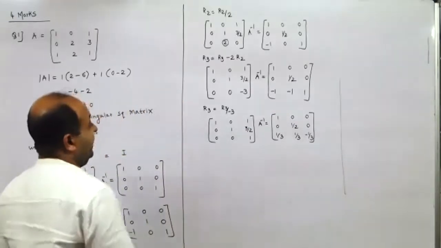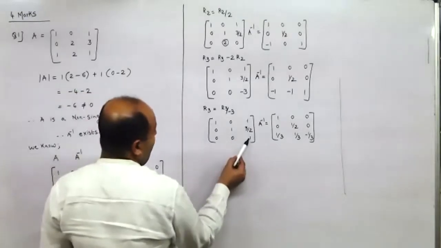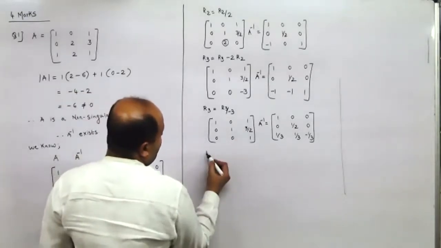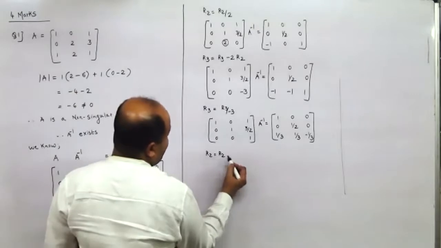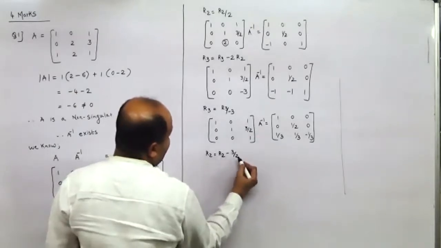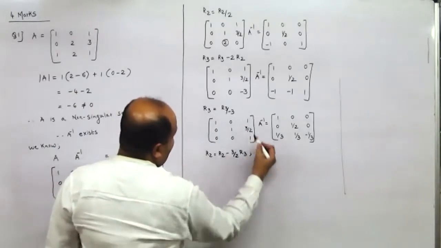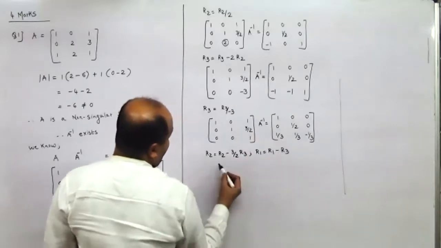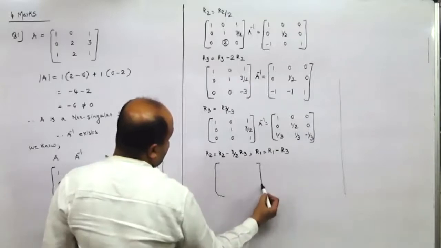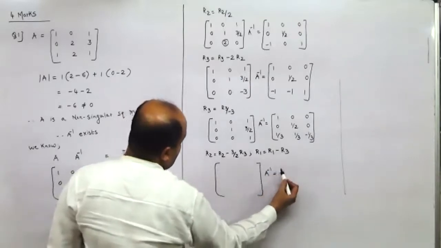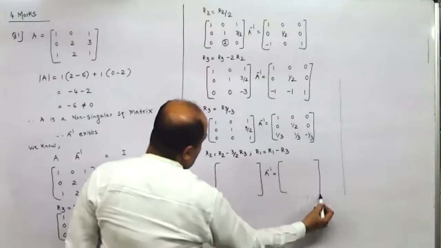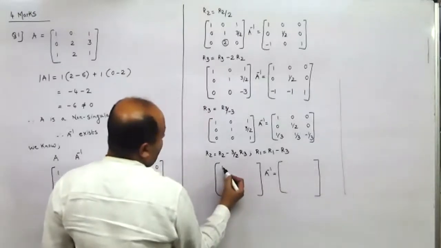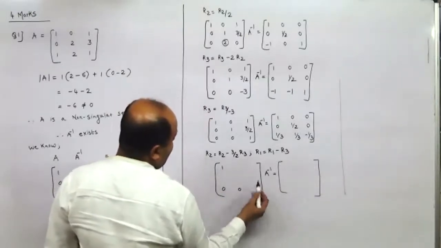Next, I'll make this and this 0 using this one. So R2 equal to R2 itself. This is 3 by 2. So I'll write minus 3 by 2 R3. Then R1 equal to R1 itself. I'll say minus R3 here. This would be 0, 0, 1.